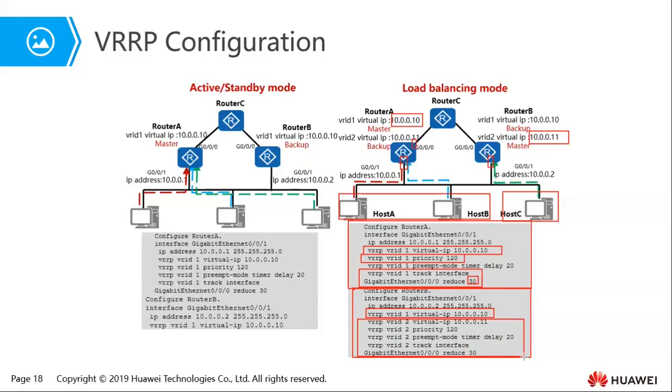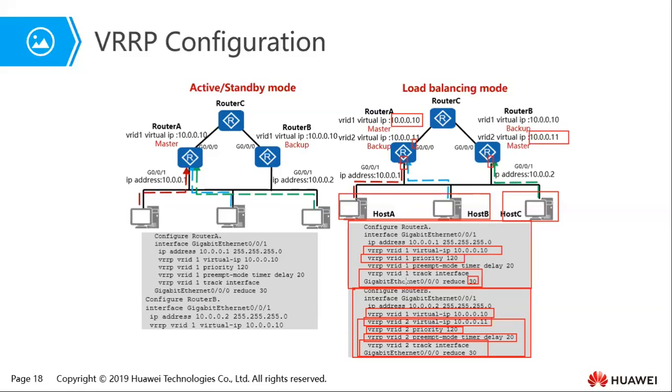Again, VRRP VRID 2, then we give it a virtual address. We configure a higher priority so that this guy can actually be the master for group 2. Then we enable preemption. Then we can also track the uplink and reduce the priority by 30 in case this goes down.